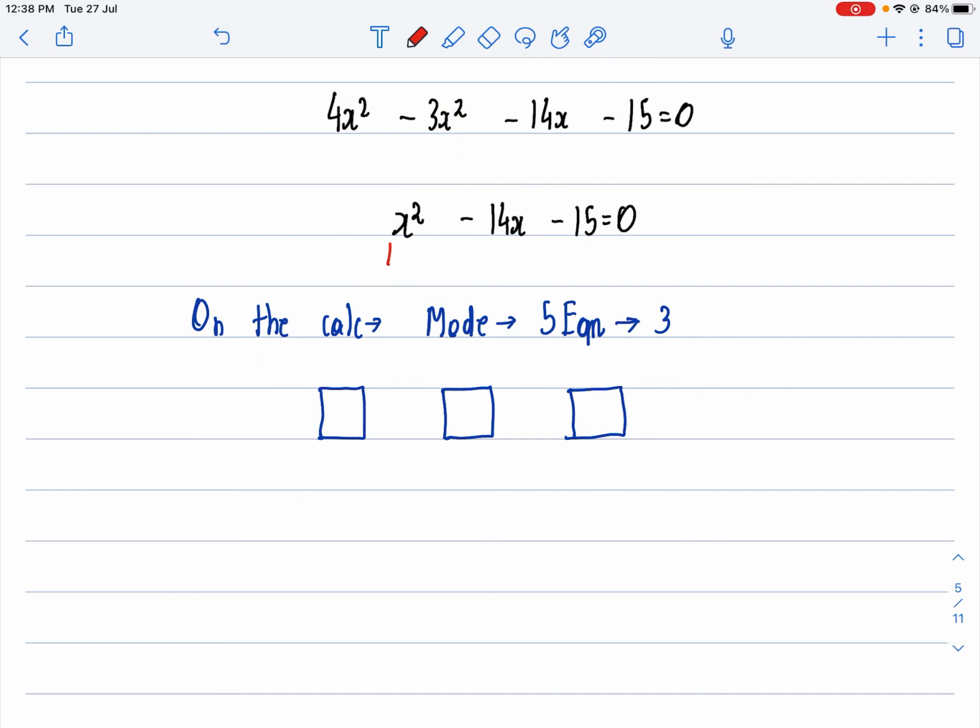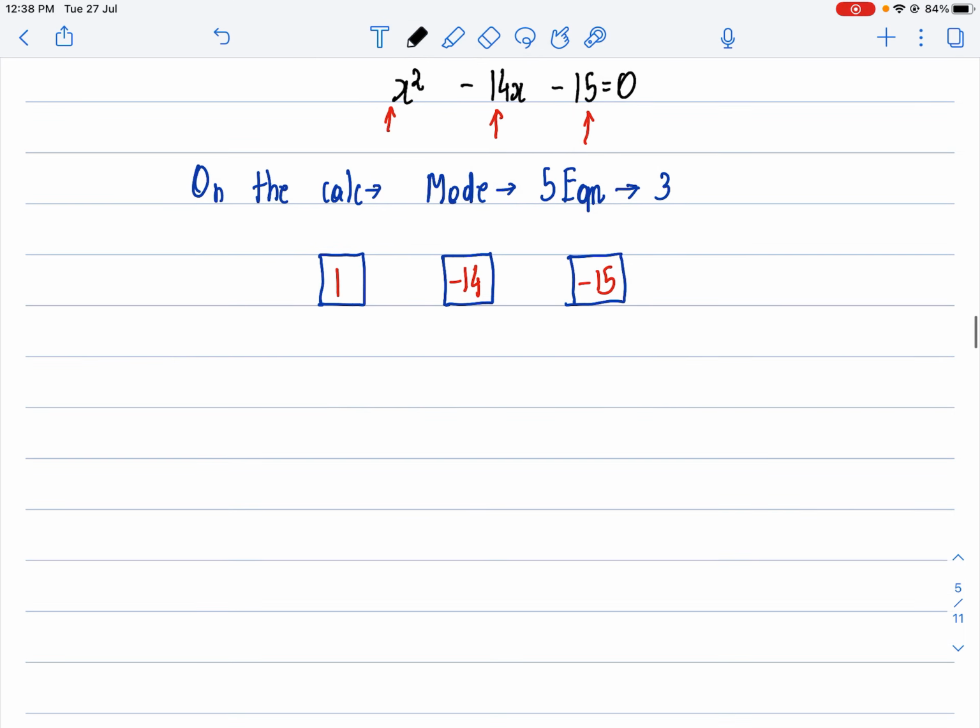In the first box, I can put 1, which is the coefficient of x squared. Then I can put minus 14, which is the coefficient of x. And in the last one, I can put minus 15. So when I put 1, minus 14 and minus 15 and click on equal to, I basically get two values of x. First, I get my x as 15 and I get my x as minus 1.